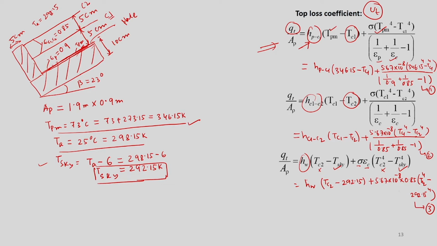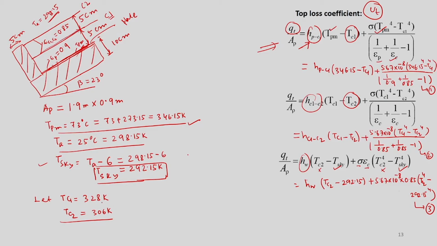So, let us consider TC1 is equal to 328 Kelvin and TC2 is 306 Kelvin. We have just applied our common sense. This temperature is 346.15 and ambient is 298.15, and it is presumed that TC1 should be somewhat hotter than TC2.